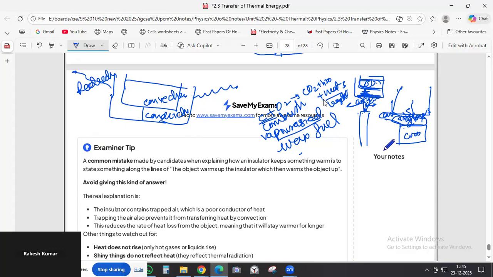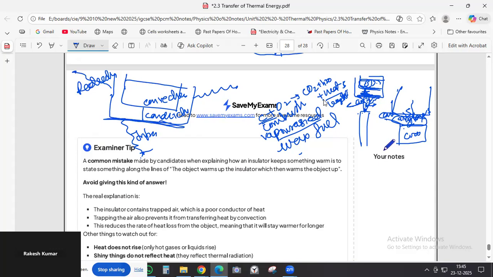And in some areas there is no medium in between. The particles vibrate and transmit the energy through infrared radiation. Infrared radiation is the fastest way to reach from one surface to the other, but it depends on many properties of the surface, whether it really wants to absorb the energy or not.